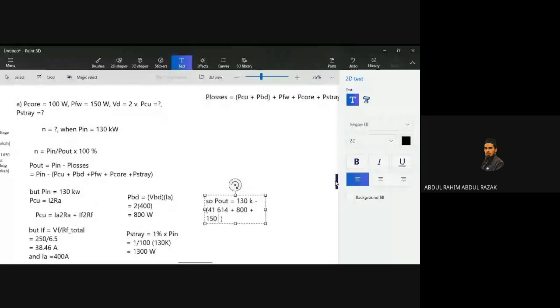P core 0. Plus P stray 1300. What else is missing here?